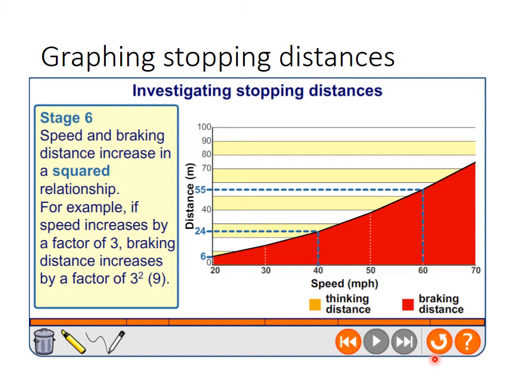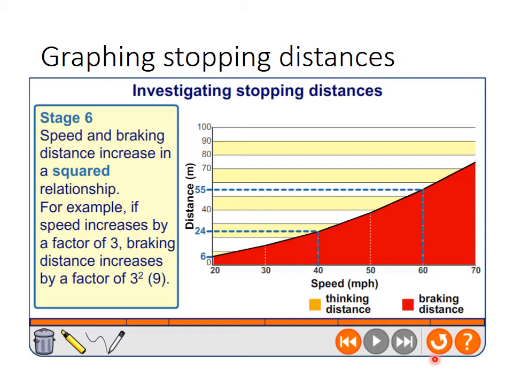Therefore, we can talk about there being a linear relationship, and linear means straight line, positive means that we've got a positive gradient on the graph, but then we've also got this idea that it is a directly proportional relationship because doubling the speed doubles the distance travelled.